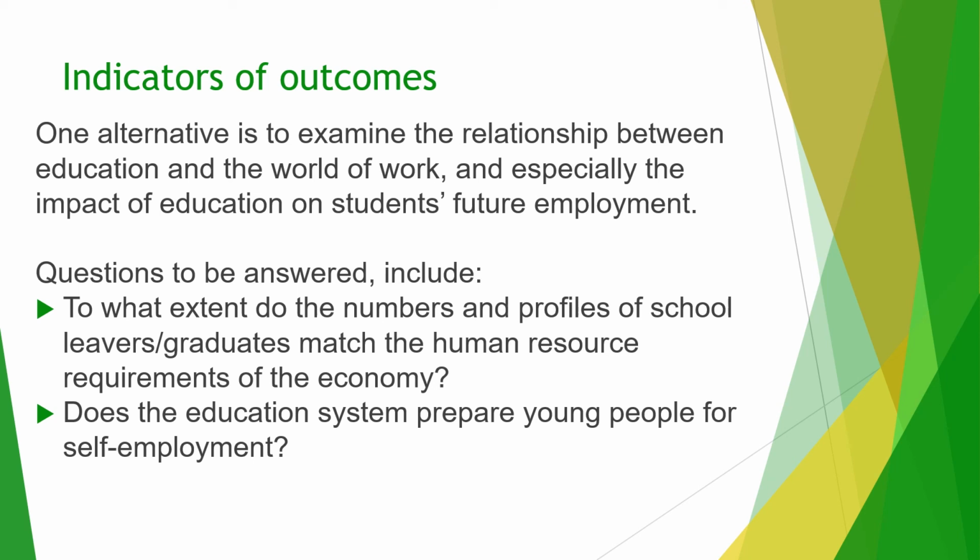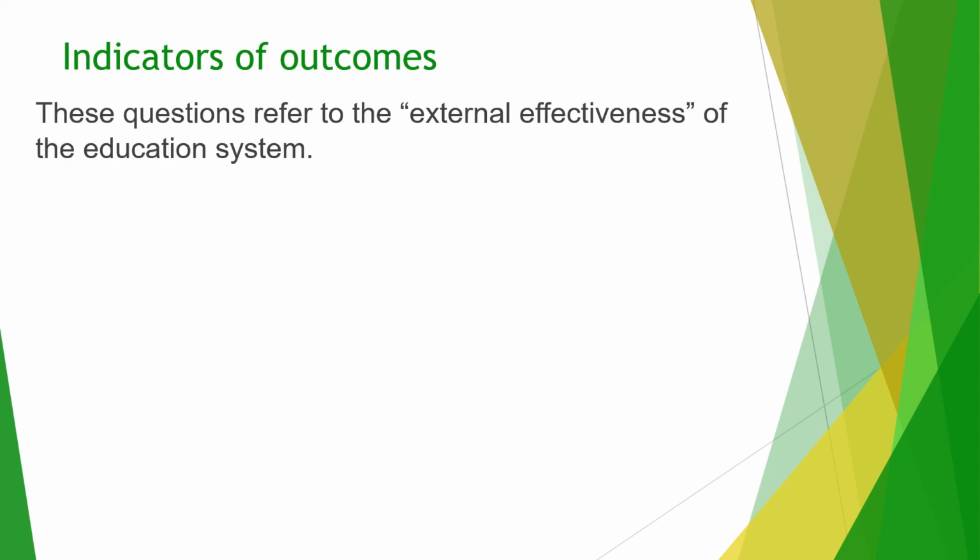When examining these questions, we are examining what we tend to call the external effectiveness of the education system. It is a very broad topic that we will not examine here in detail, but just give a few major points.